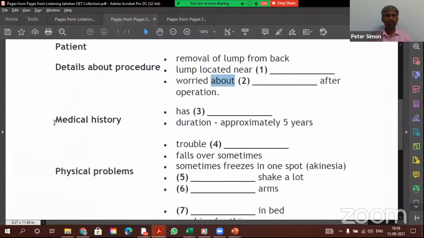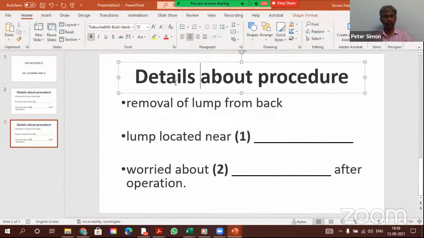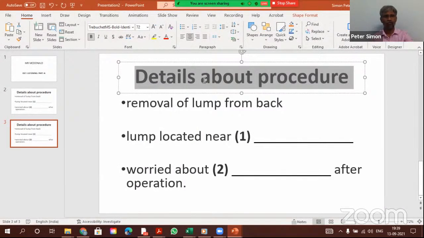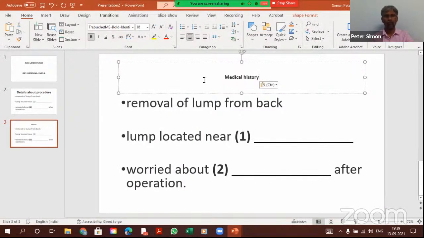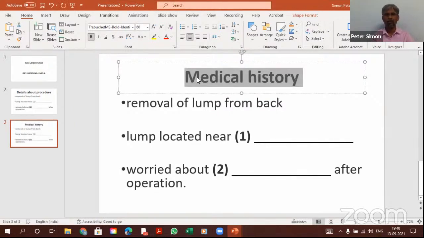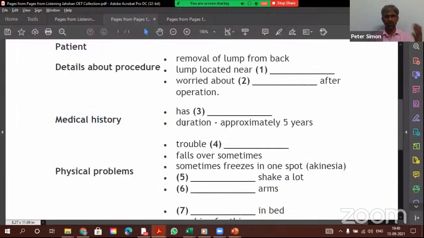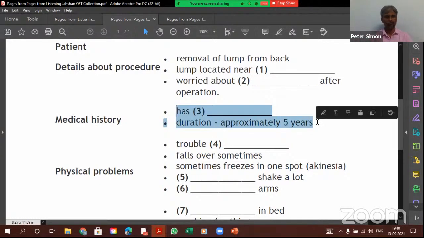Next part is medical history. Which is there on the left side, I am putting in the right center. Nothing is different, only this one. So there are 2 points here.